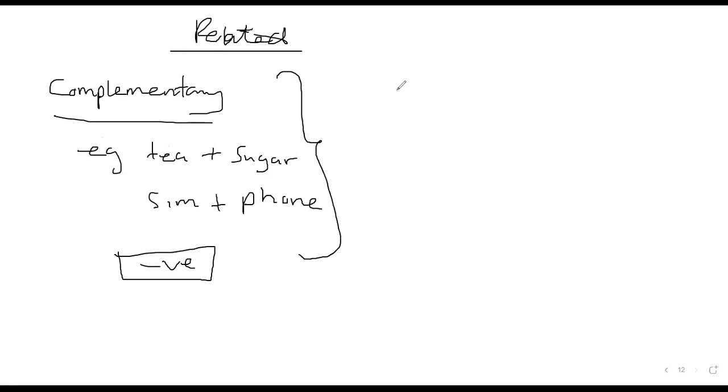And substitute goods are goods with what? Competing usage. Examples are what? Bread and bun, good.